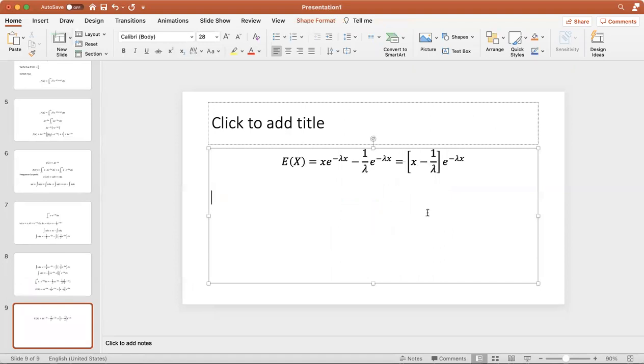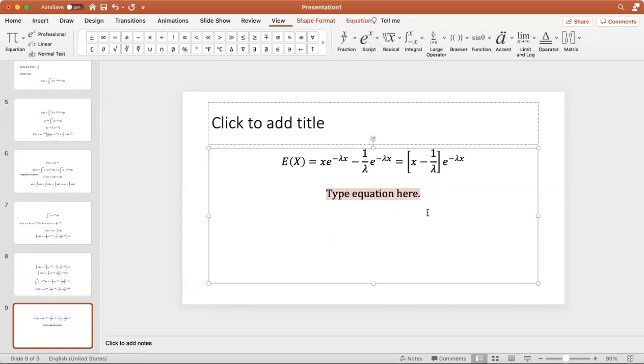We need to use limits again. So E of X is equal to the limit of this expression as x approaches infinity, minus, well, you substitute 0 here, you'll just have negative 1 over lambda.